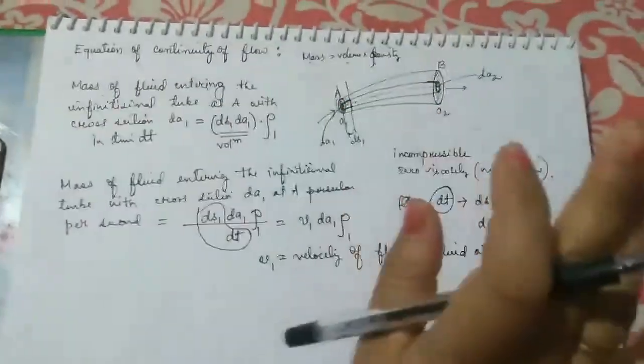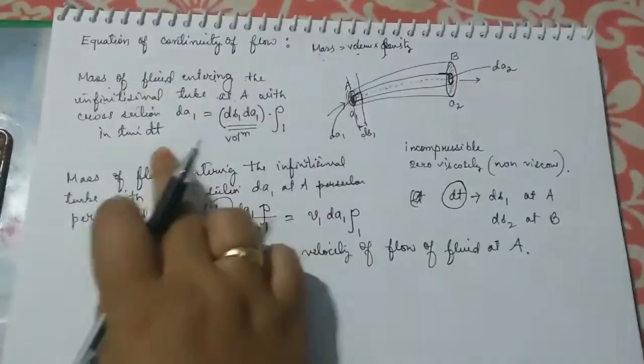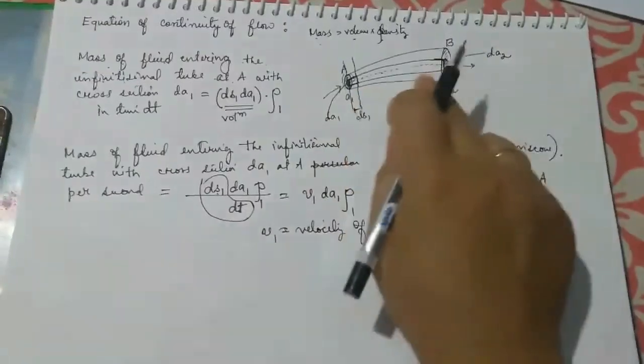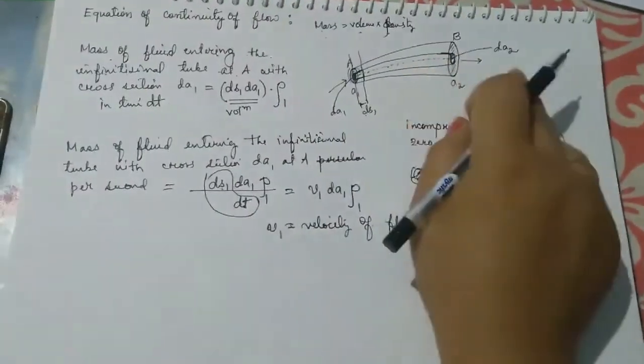Till now we have considered the mass of fluid entering the infinitesimal tube at A with cross section dA1. Now this mass is entering here, and similarly mass is leaving here also.